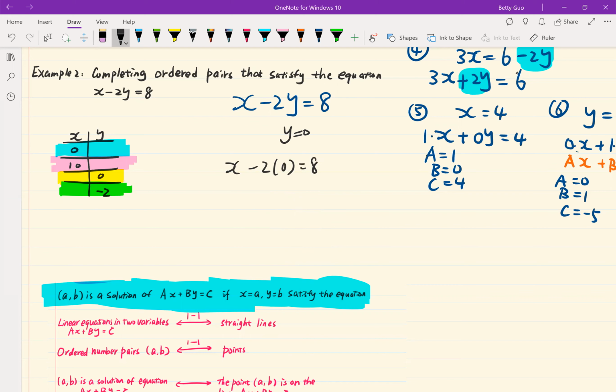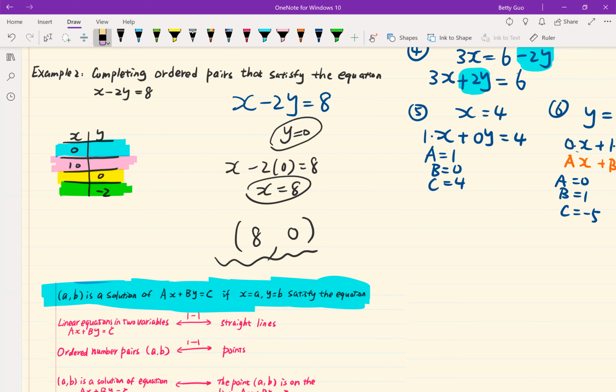The equation only contains x, one variable, and you solve for x, you have x equals 8. x equals 8, y equals 0. That gives you an ordered number pair. The first component is the value for x, the second component is the value for y. That is a solution of the equation. So my point here is to show you a linear equation in two variables has infinitely many solutions.